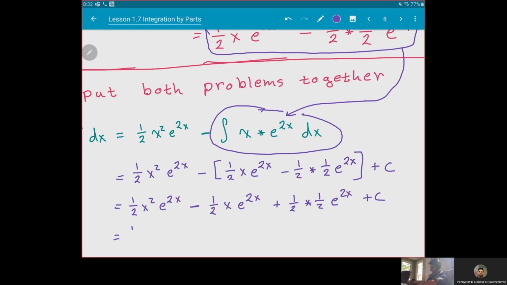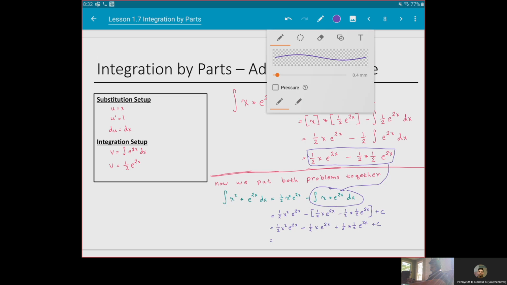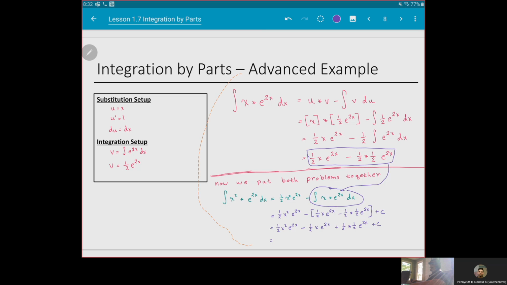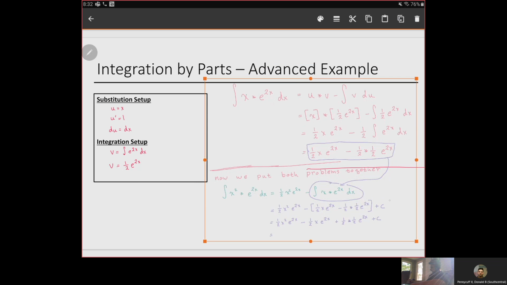I can factor out a 1/2. Holy crud, this is not going to give me a good platform to write on. Can I scoot any of this up a little bit? Just a touch. Nope. Okay.